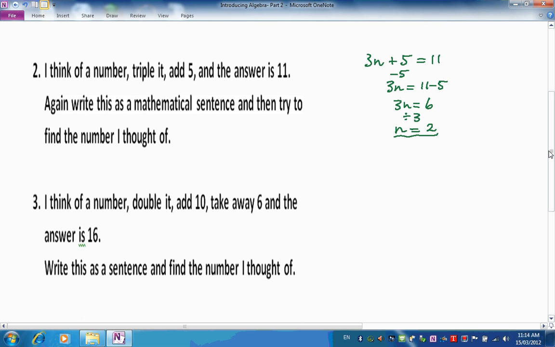Let's have a look at number 3 here. I think of a number, double it, so that's 2 times n. I add 10, take away 6, and the answer is 16. Let's try to reverse some of those steps. Before we took away the 6, let's see what it would have been. Let's add the 6 back on again.